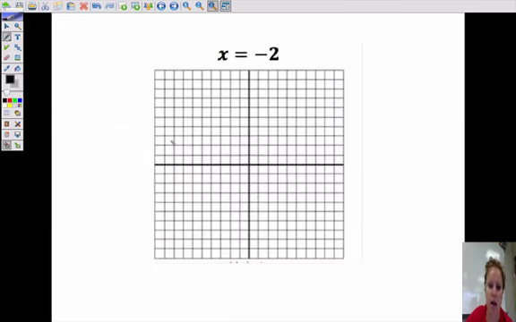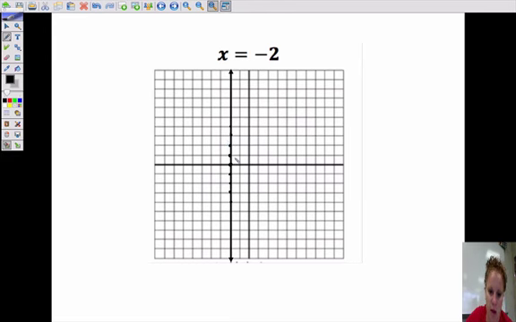We have x equals -2. Well, let's just find a spot where x equals -2. X's are on the horizontal axis. So x equals -2 is right here. And then x equals -2 is right here, and right here, and right here. This is going to be a line where x is always -2. So it's going to be a vertical line here.